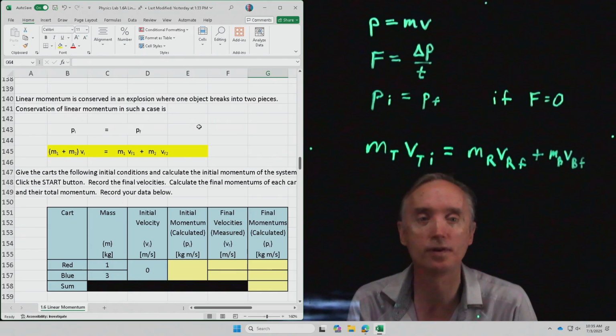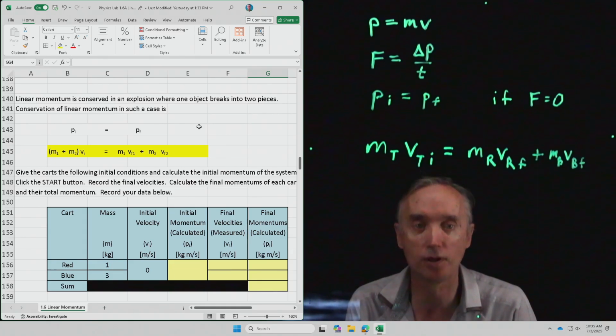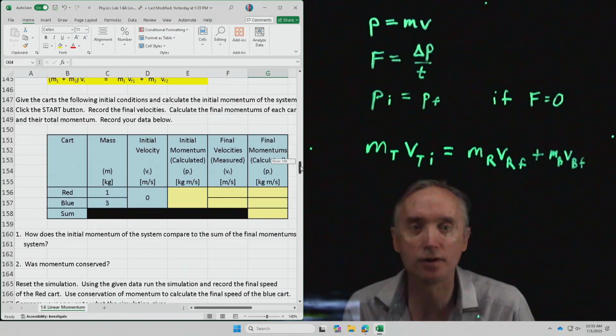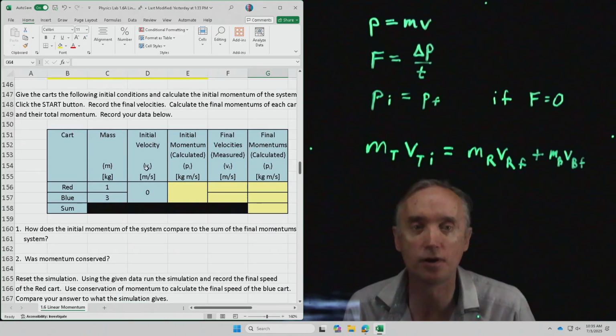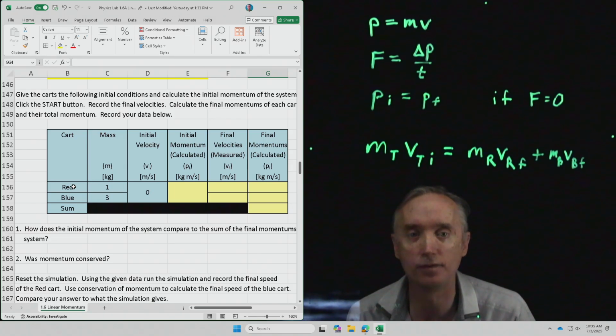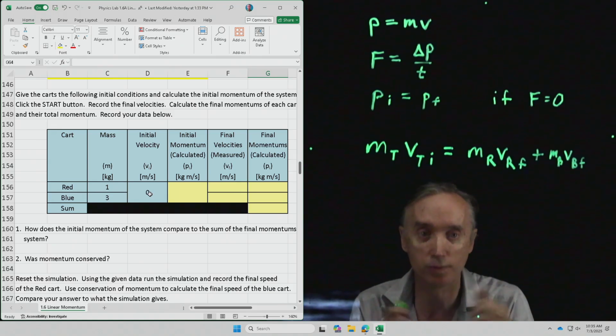So that's conservation of momentum for an explosion. Now you're going to be filling in this chart down here. I'm going to give you the initial mass of the red car, the initial mass of the blue car, and the initial velocity before the explosion occurs.